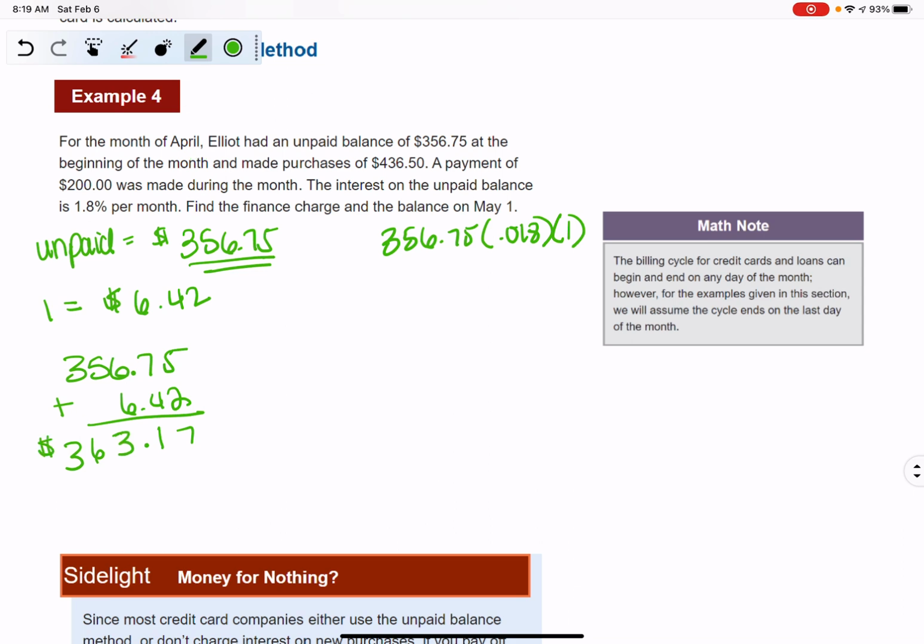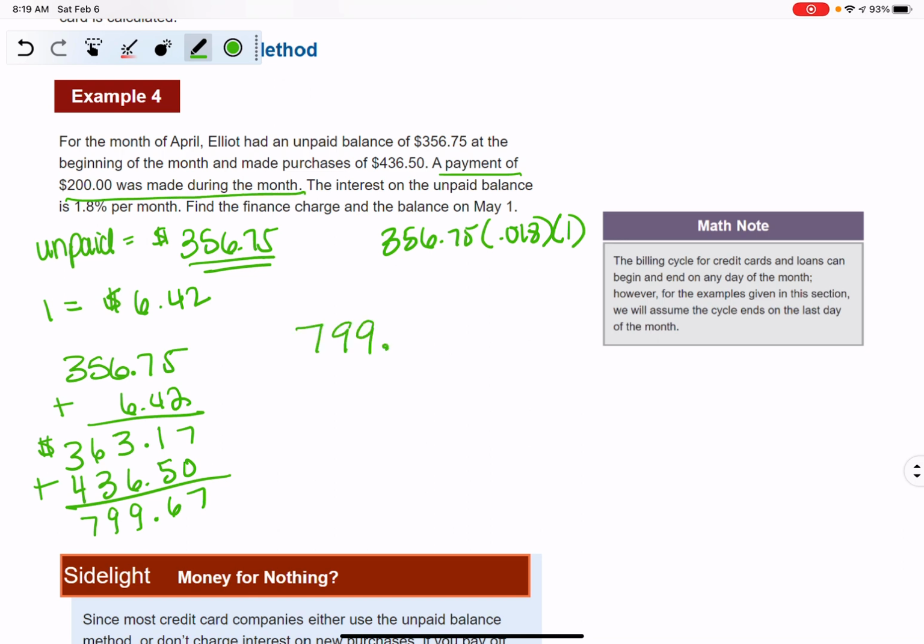Okay, so our unpaid balance plus our interest is where we're at now. And then it says they made purchases of $436.50. So we can add the extra purchases that they made, giving us $799.67. And then it says a payment of $200 was made during the month.